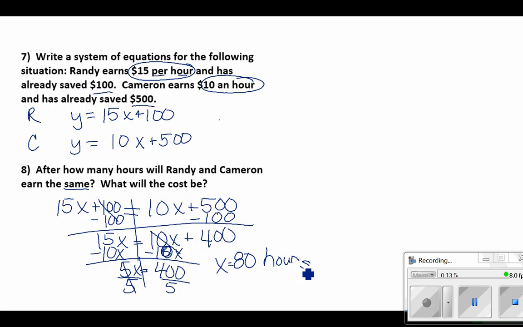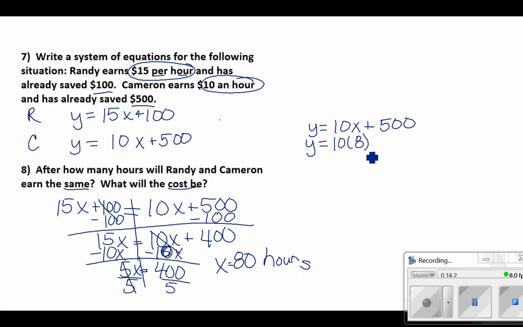But then the second question says, what will the cost be? So the x value is the time, the y value is going to be the cost. So it's a system, so we're going to pick one of the equations. I'm going to choose Cameron's equation. And we have an x value now, which is 80.